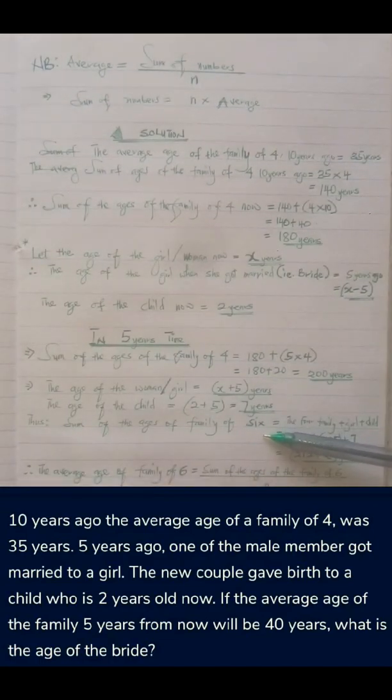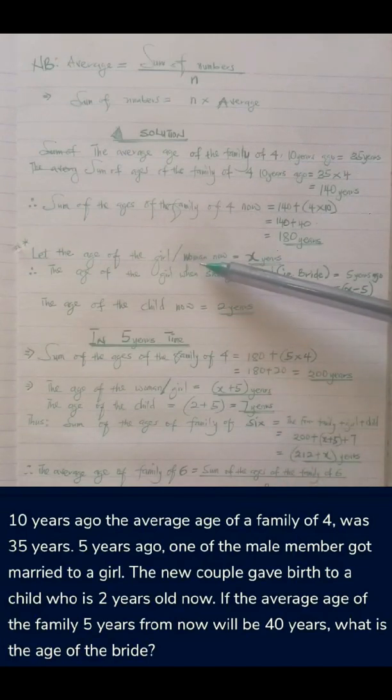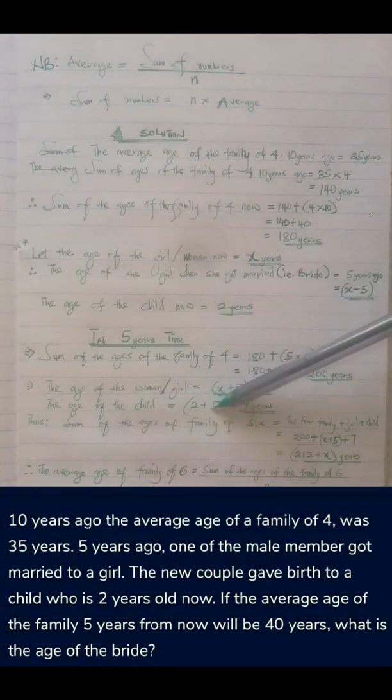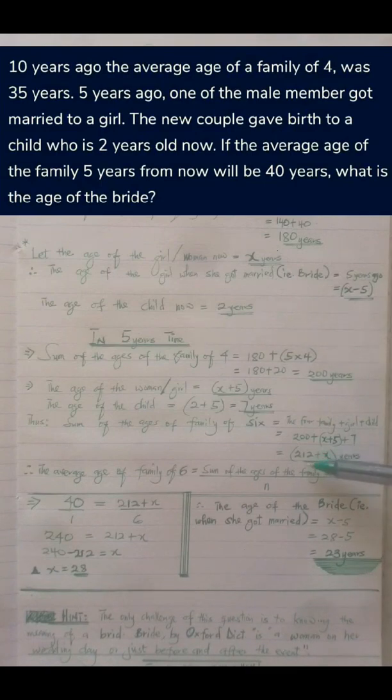Remember now the family is 6 because of the child and then the girl being married, that is the bride, giving us the 4 family members plus the girl plus the child. This will be sum of the ages of the family of 6. That will be 200 plus the girl, X plus 5, plus the child, 7. And then the total will be 212 plus X years.